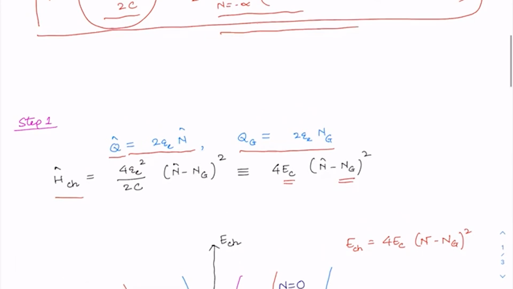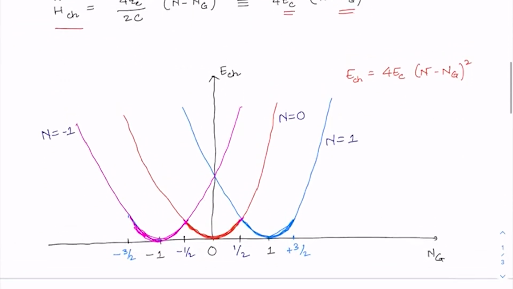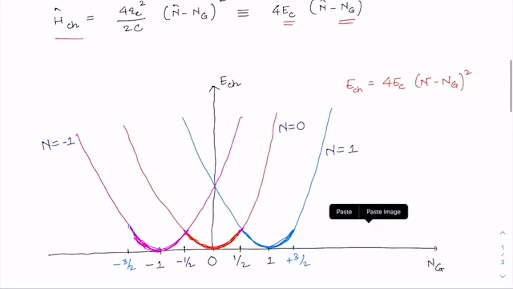We plotted the charging energy as a function of the controllable parameter N_g, keeping the number of Cooper pairs fixed. We find that in the absence of perturbation, various charging energy states cross each other.